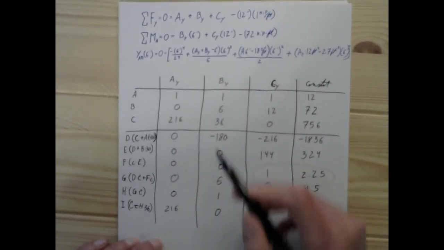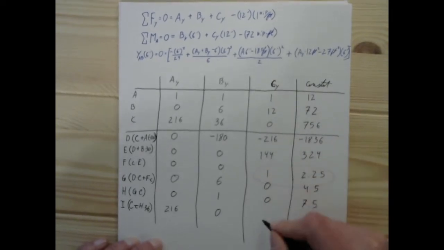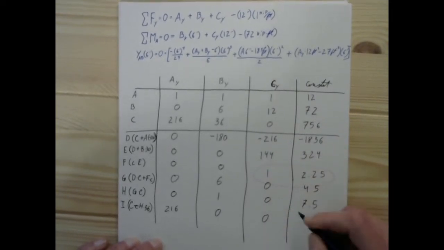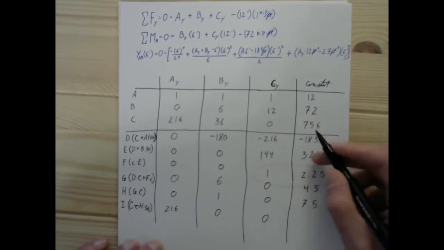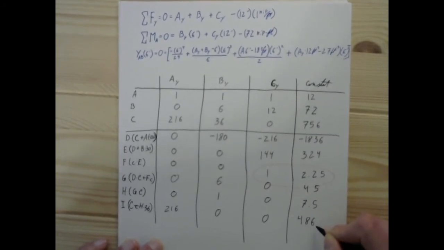This becomes 0 because 36 minus 1 times 36 is 0. 0 minus 0 times 36, still 0. 756 minus 7.5 times 36, that's going to be 486.